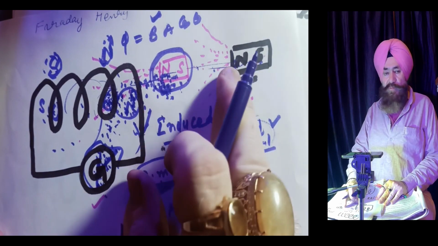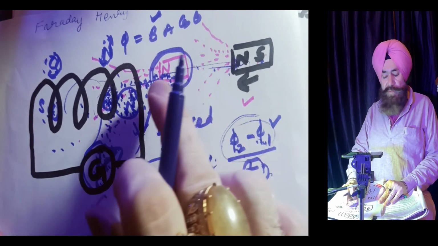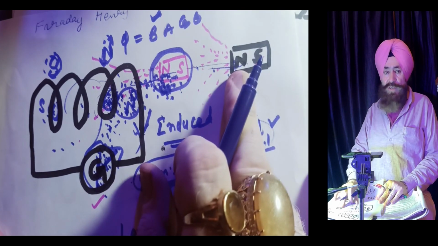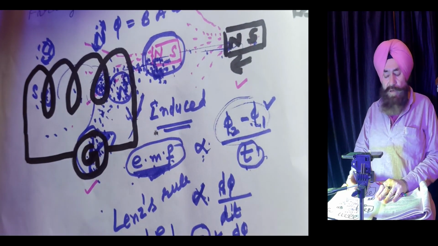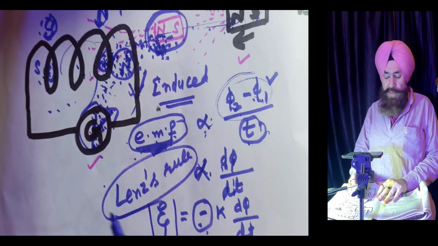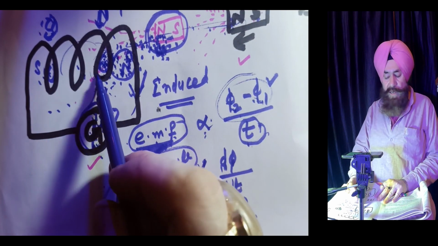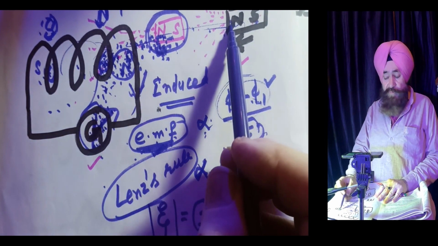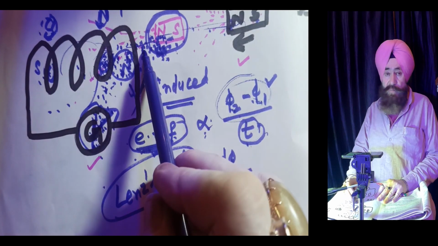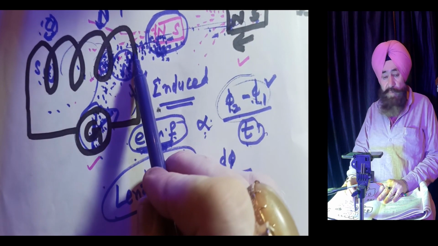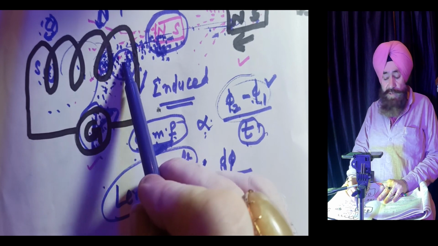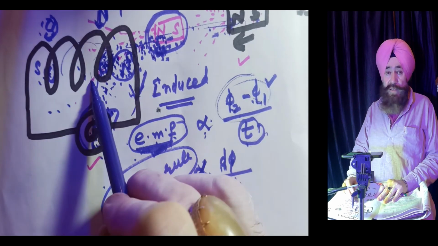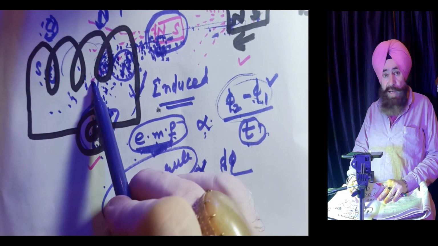Any type of motion, induced current always gives opposition to any change. And Lenz's rule is important because we are having the induced current at the cost of the work done against the opposition. We are doing work against the opposition which the induced current is giving, and that work is then converted into electric energy.